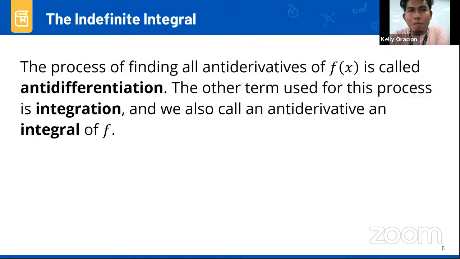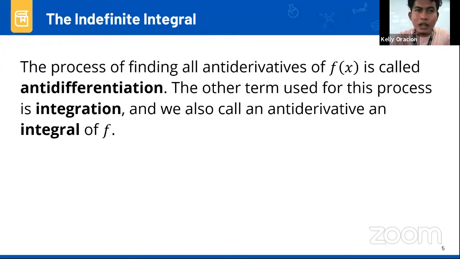Sir, what is the relationship between antiderivative and derivative? If you noticed, the word antiderivative has "anti," which is the opposite of derivative. So their relationship is that they are inverses of each other. It is the same concept as: the inverse of addition is subtraction, the inverse of subtraction is addition, the inverse of multiplication is division, and the inverse of division is multiplication.